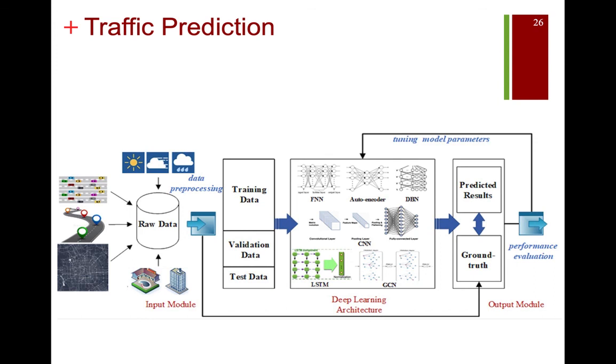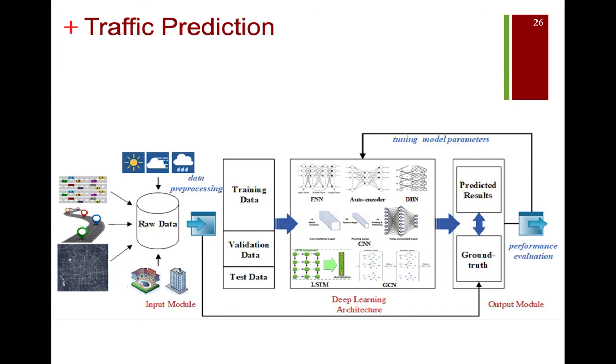This traffic data needs to be pre-processed into vectors or matrices, and then fed into different deep learning models. And the deep learning models will eventually generate the predicted results also in the format of vectors or matrices. During model training, these results are compared with the ground truth in order to tune the parameters of the models.